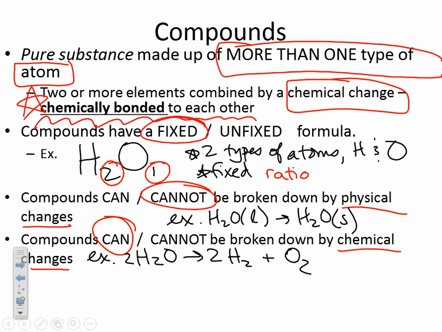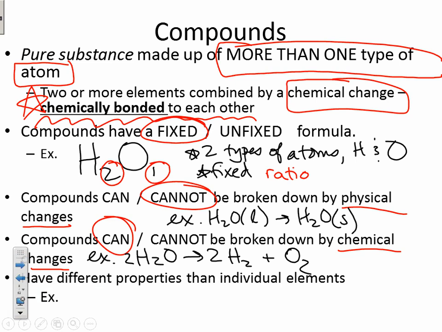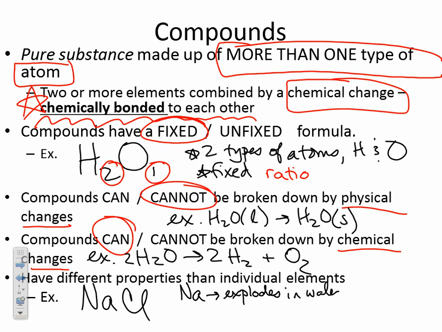And the key thing about compounds is that the properties of a compound are actually going to be totally different than the properties of the individual elements. For example, NaCl. I love to talk about this one. Sodium explodes when you put it in water. Lights on fire in water. Ridiculously dangerous. That is a nasty metal right there. Chlorine gas is poisonous. It's toxic. It was used in chemical warfare.